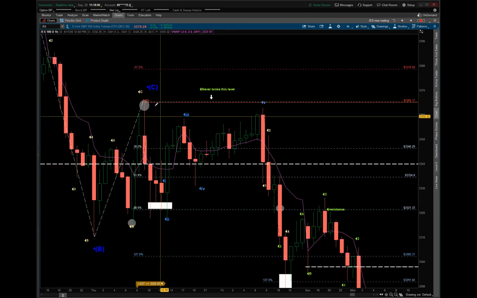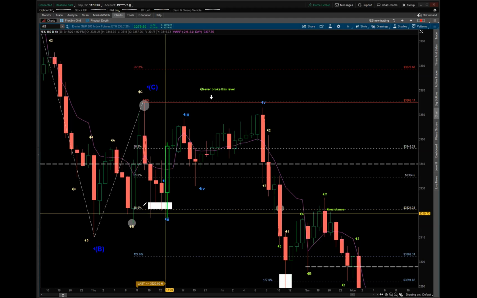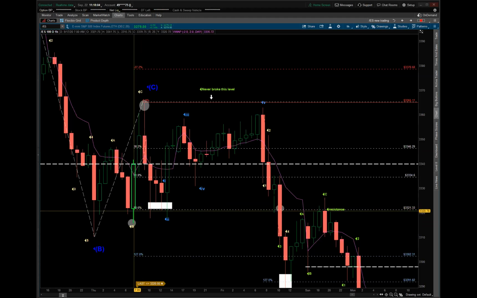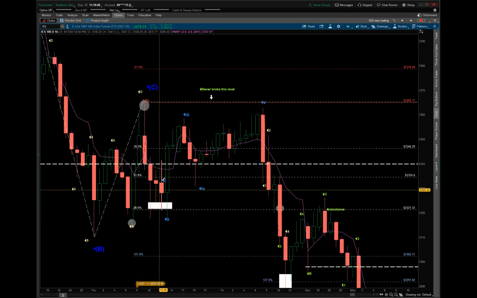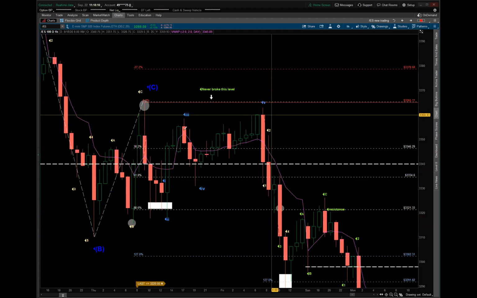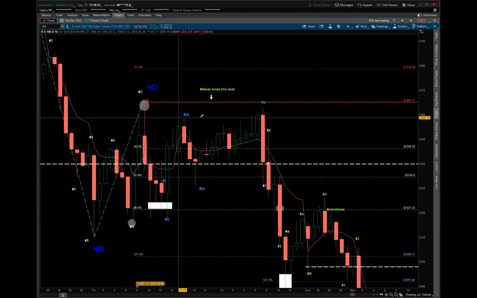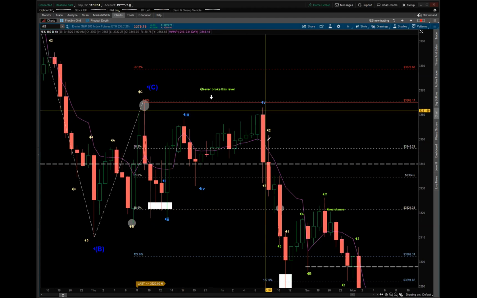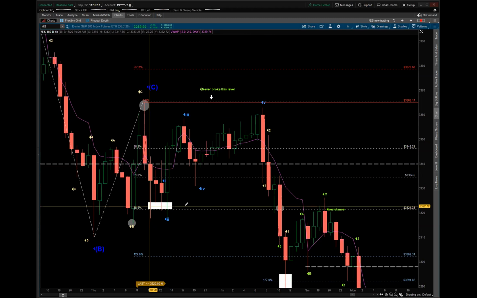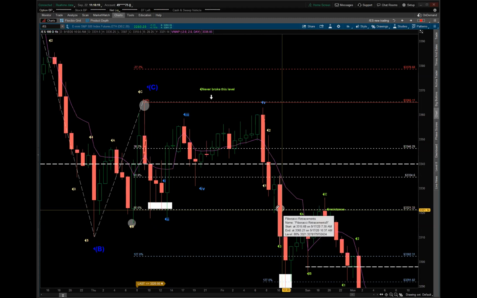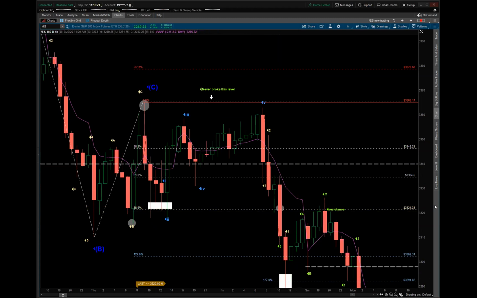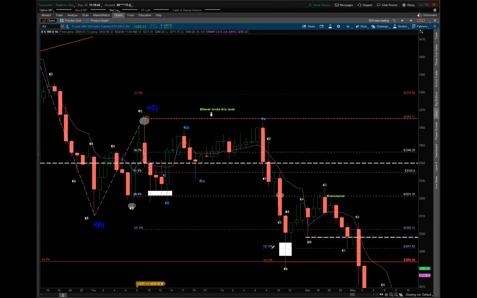I'm trying to measure this. That's how I determine it stopped at the 88.6. Never broke. Then I created a 1, 2, 3, 4, 5. This is what we call Elliott waves. And once it broke down again at this level, that's when I shorted, looking for this level.